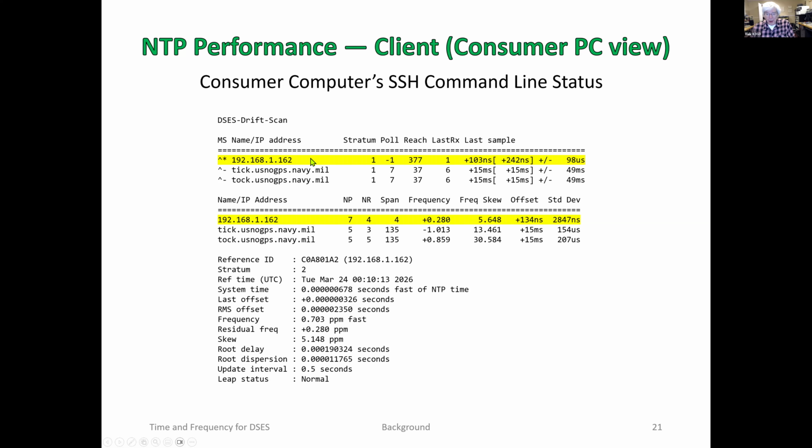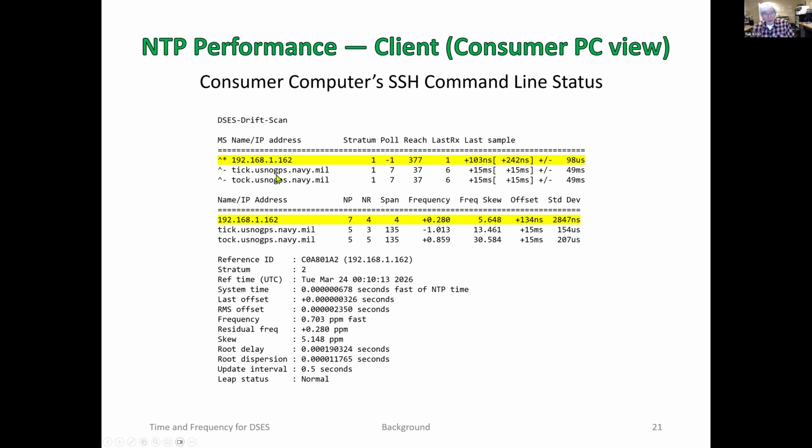This consumer is a Linux machine, so it's a little bit better than your average Windows machine. And it's showing that the server that it's getting data from is a Stratum 1 server, which is the highest level of performance server there is.